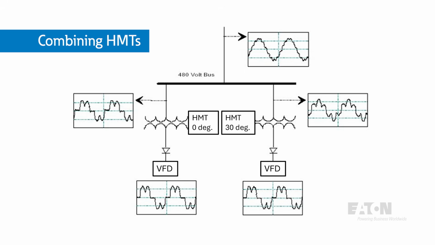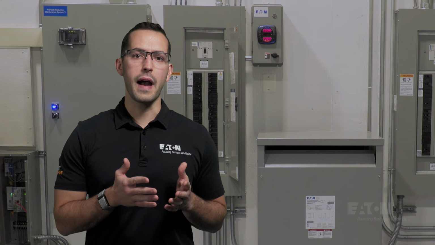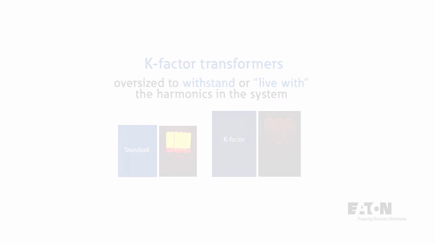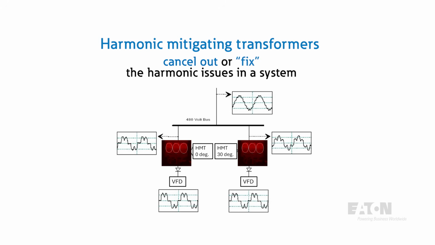In combination, multiple HMTs can be used to eliminate most of the significant harmonic currents generated by 6-pulse variable frequency drives and other rectifiers. The simple way to think about K-factor and harmonic mitigating transformers is that K-factor transformers are oversized to withstand or live with the harmonics in the system, while the harmonic mitigating transformers can be used to cancel out or fix the harmonic issues in a system.